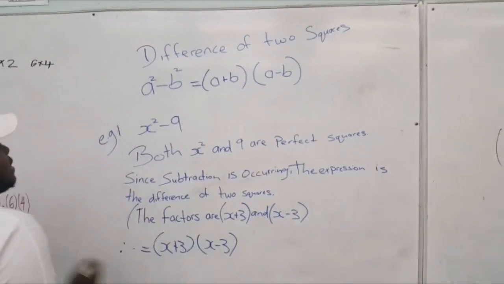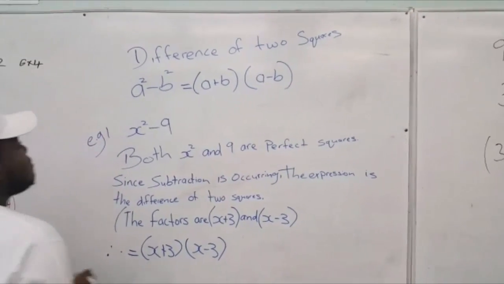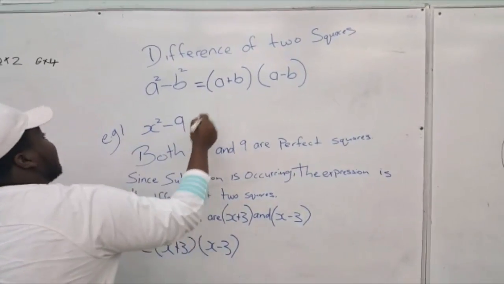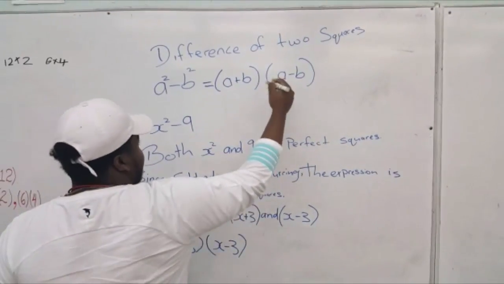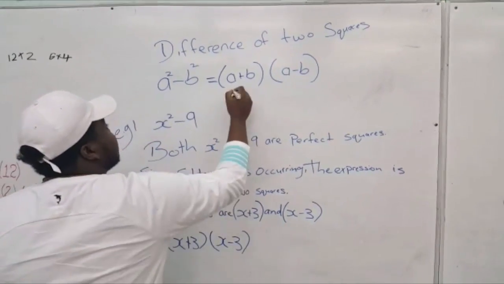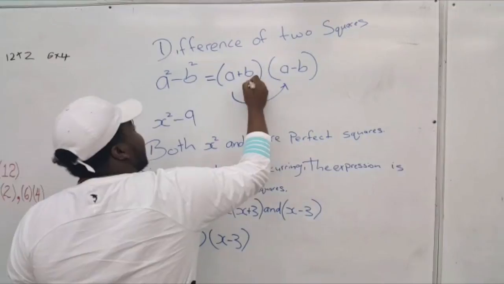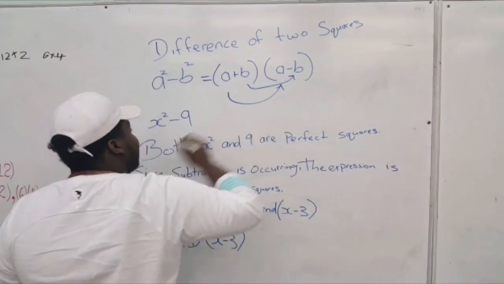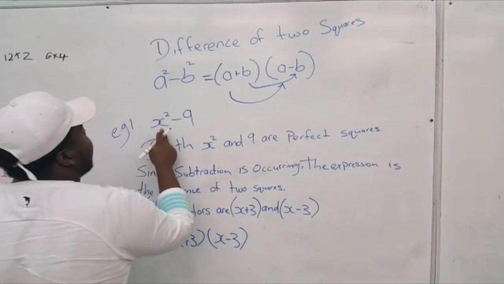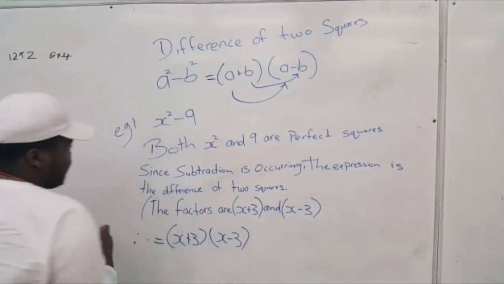Difference of two squares, and this is the formula: a squared minus b squared is equal to a plus b, next bracket, a minus b. And you can see here what we have done. For example 1, I have x squared here and I have 9.